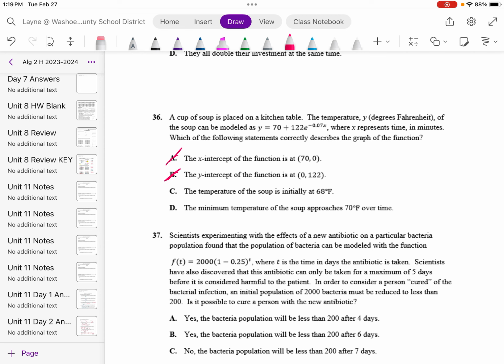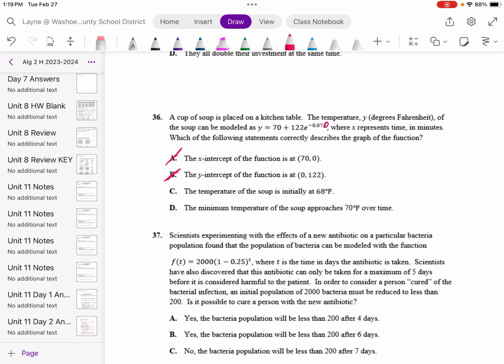The temperature of soup is initially 68 degrees. Well, the initial temperature is going to be the temperature that you get when you plug in 0. Or that should also be your y-intercept because it would be the point 0, something.